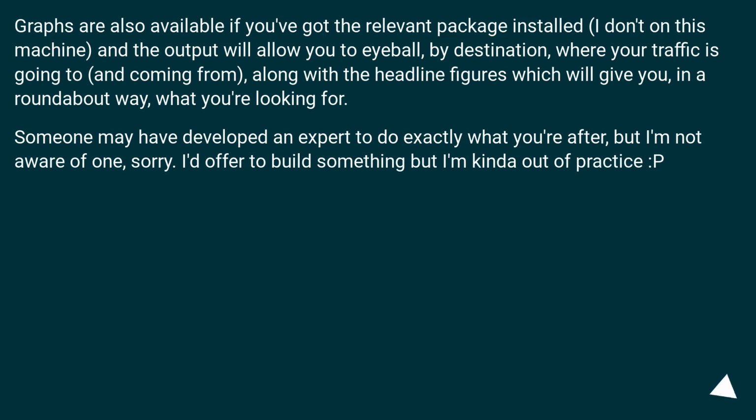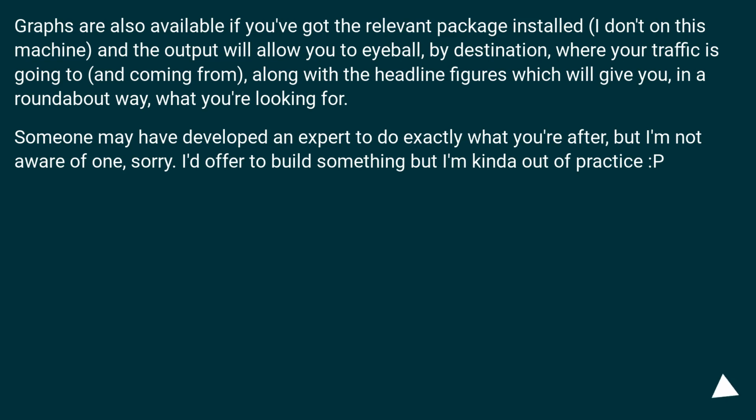I don't on this machine, and the output will allow you to eyeball by destination where your traffic is going to and coming from, along with the headline figures, which will give you, in a roundabout way, what you're looking for. Someone may have developed an expert to do exactly what you're after, but I'm not aware of one, sorry.